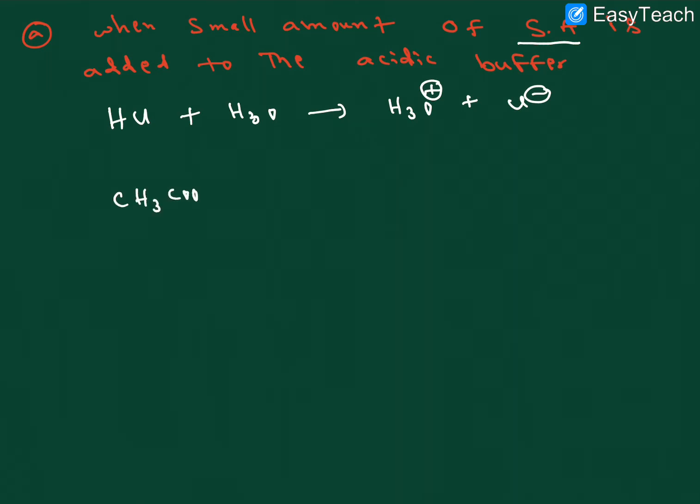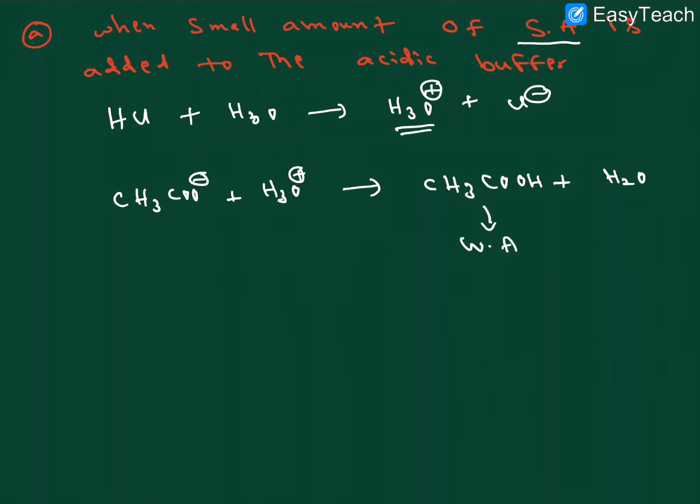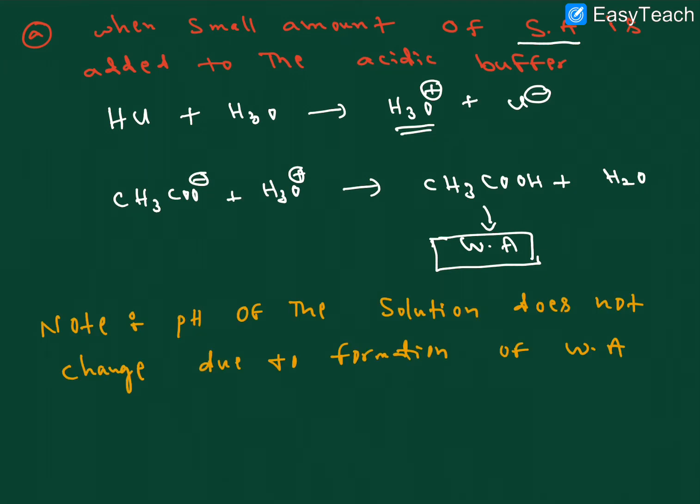So that acetate ion, CH3COO minus, plus H3O plus, whatever strong acid we are adding, reacts with this to form the weak acid, that is CH3COOH, plus what remains in water, right? So we know that acetic acid is a weak acid. This weak acid won't affect the pH that much, right?